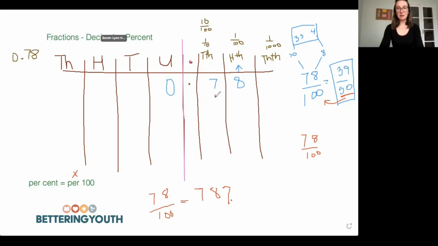The 7 jumps over the decimal and comes into the units, jumps past the units and into the tens column and lands there. The 8 is going to jump over the tenths, past the decimal and into the units column, giving us 78%.